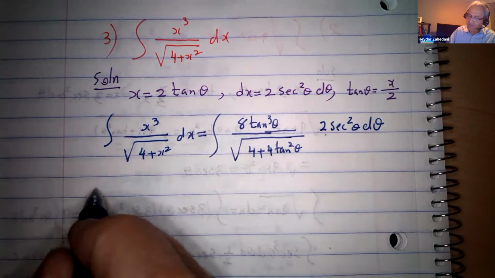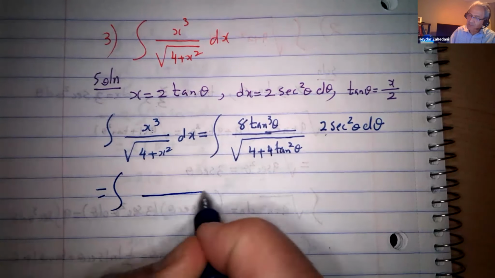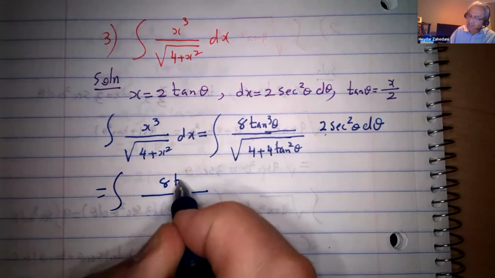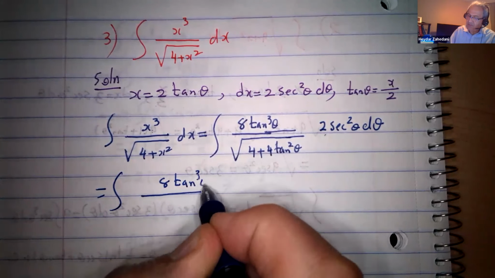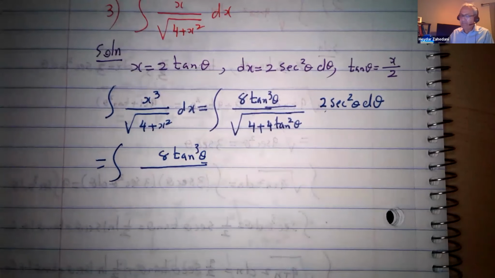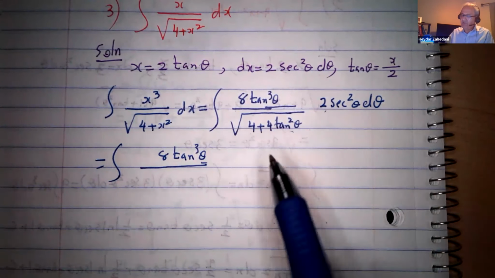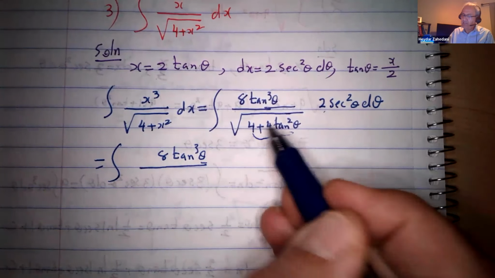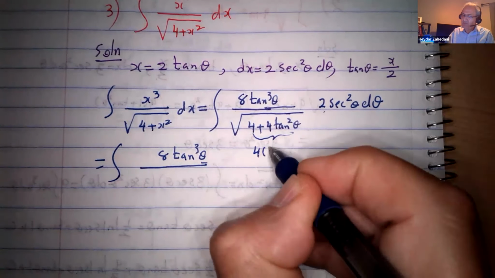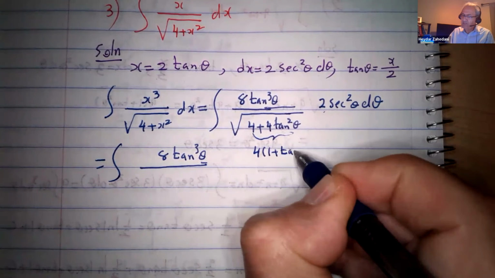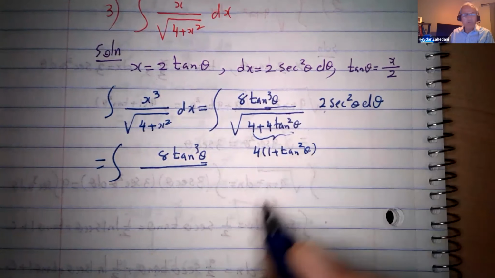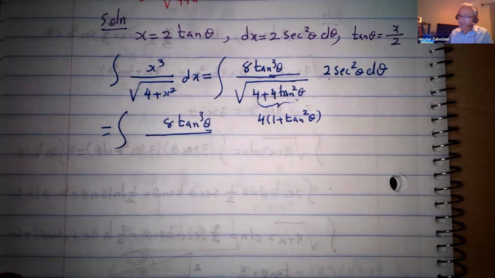Now go ahead, simplify. So this is going to be 8 tan cubed of theta on the top. Now the bottom one, look at this one. If you factor out the 4 inside, that gives you 4 times 1 plus tan squared. 1 plus tan squared is secant squared.